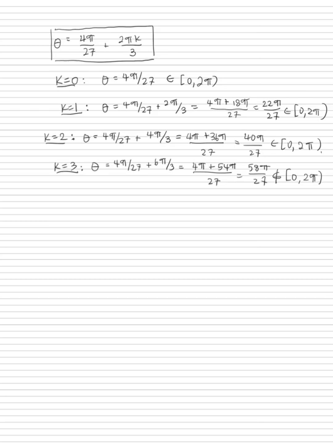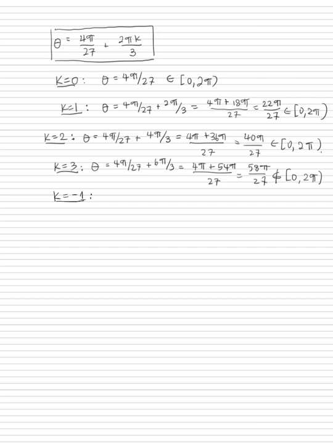And you know what? We completely forgot to check the negative values for k. So we started from k equals 0. Let's check what's going to happen when k equals negative 1, because it could be inside of 0 to 2 pi. So let's check.